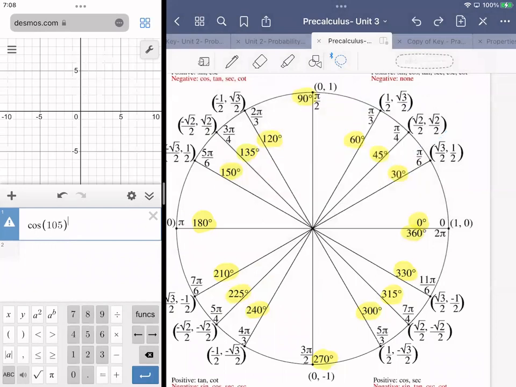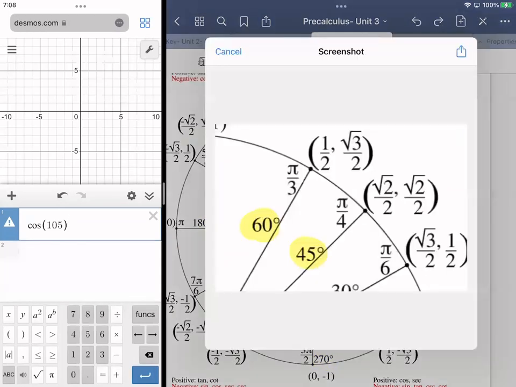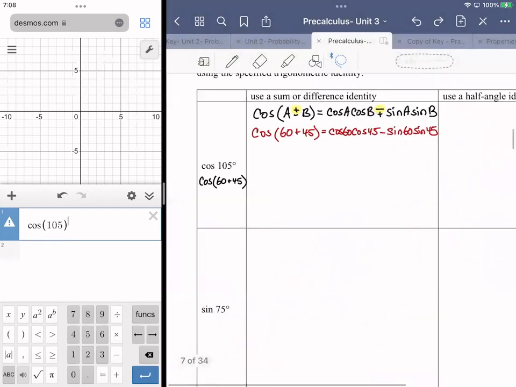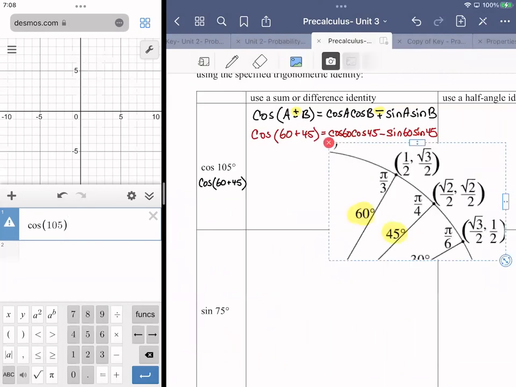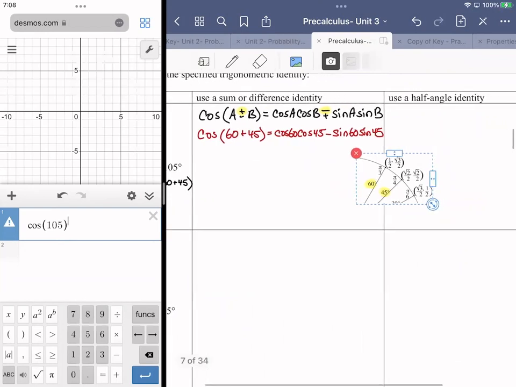Try that again, shall we? Yeah, that looks pretty decent. So at 60 and 45, we have some ratios. I'm going to bring this in here. I'll refer to it and then I'll shrink it down.